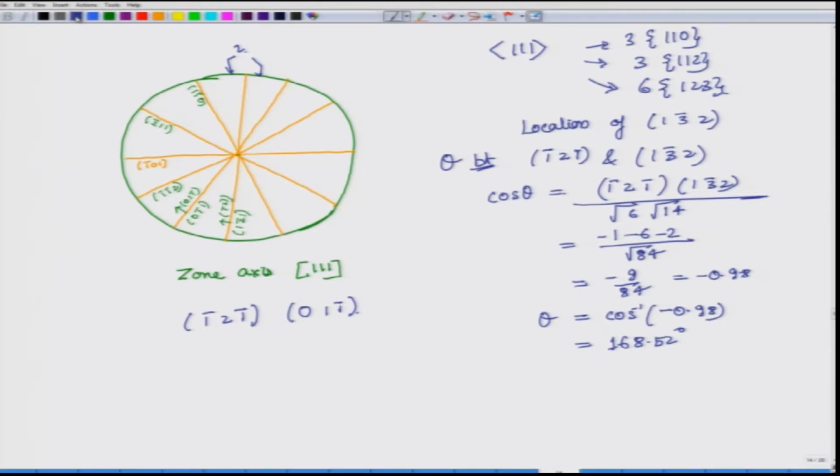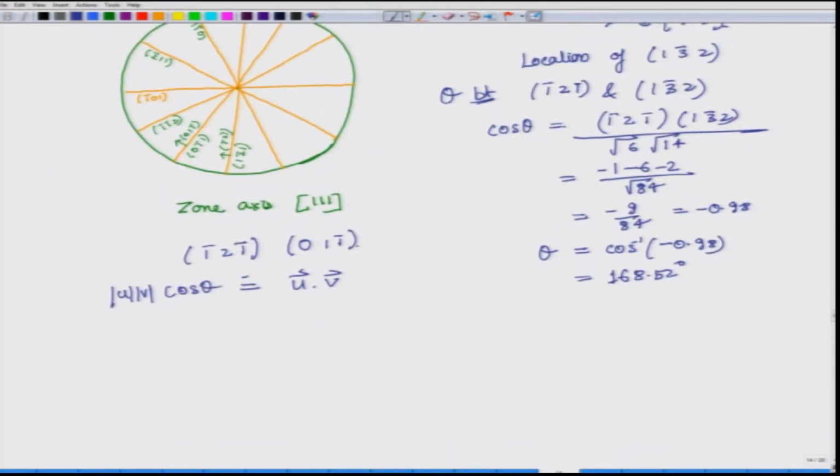So, next we will go back and we will find, like we said, that if this is u and v, u v cos theta is equal to u dot v, and using this we have earlier shown that cos theta is equal to the dot product of bar 1 2 bar 1 and 0 1 bar 1, divided by the square roots of the sums of squares.